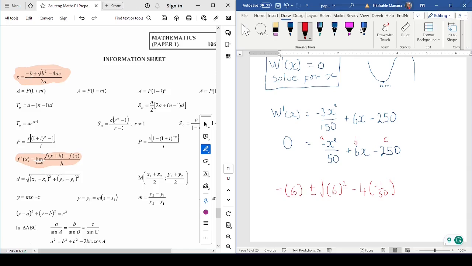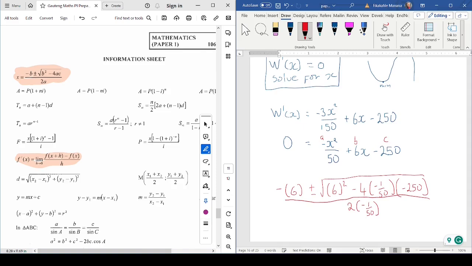And then the value of c is minus 250. All this is under a square root and also divided by 2a. A is minus 1 over 50.